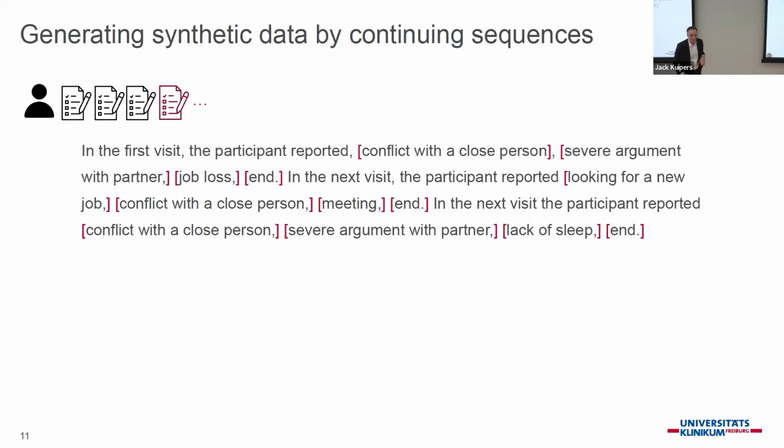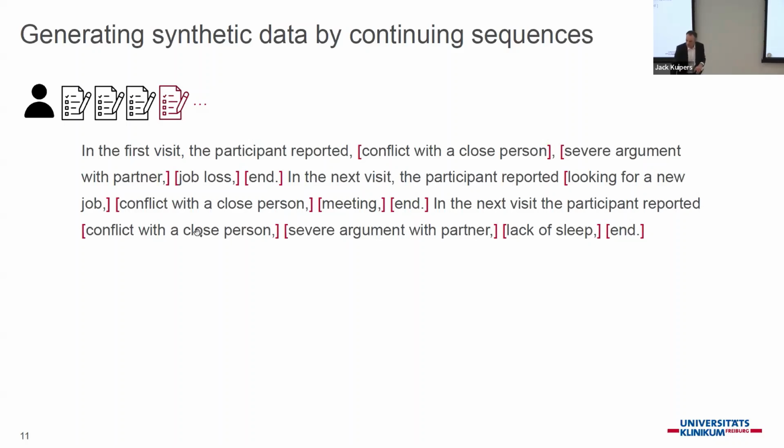And if you do this, you can do different things with it. So, for example, this is hypothetical data that you could get, and you can see, yeah, now let's use this as a generative model. So we say, okay, this is an individual that had problems with the job loss, and maybe then also some conflicts.